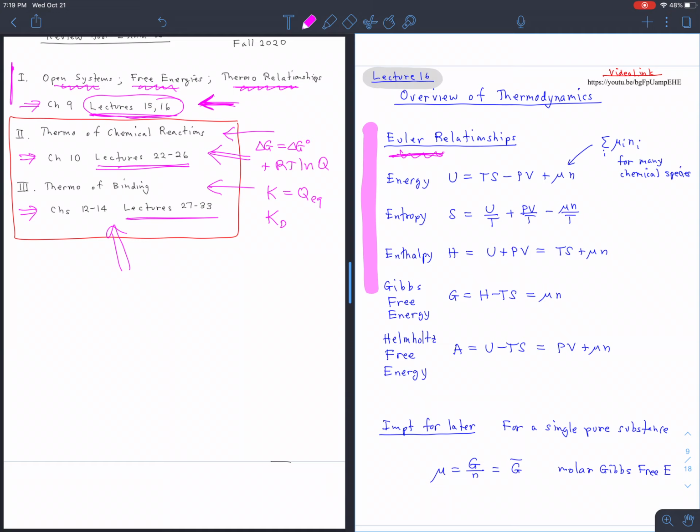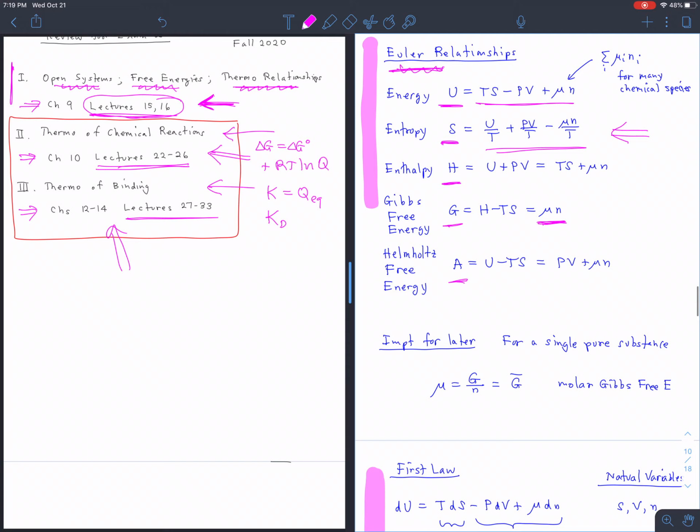The Euler relationship basically defines the energy, entropy, enthalpy, Gibbs free energy, and Helmholtz free energy in terms of the more usual thermodynamic quantities like volume and pressure and chemical potential and mole numbers and so on. We've used these a little bit, especially this one, but I'll just leave them here because we haven't used them a ton, and there's not too much to say about them.